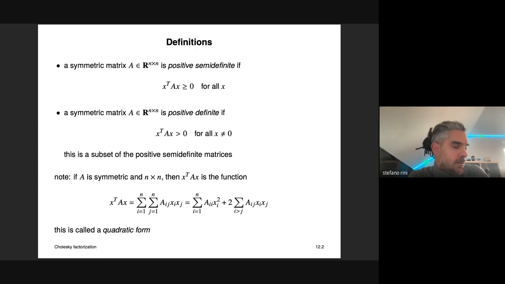Here there is a little bit of misuse of the term. When people talk about positive semi-definite matrices, they most often refer to symmetric positive semi-definite matrices. A matrix could be positive semi-definite without being symmetric, and some people use the definition not implying that the matrix is symmetric, but other authors tie the definition of positive semi-definite to being symmetric.